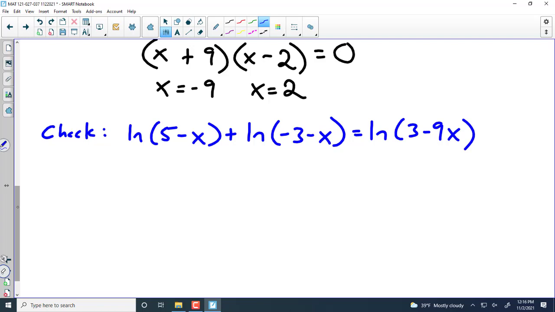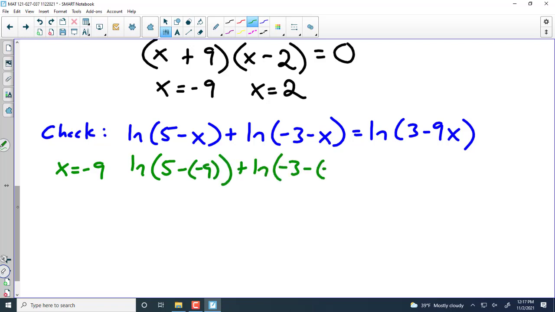There's the original, everyone. If I put a negative 9 in there, does it work?